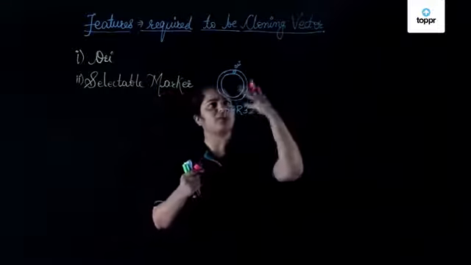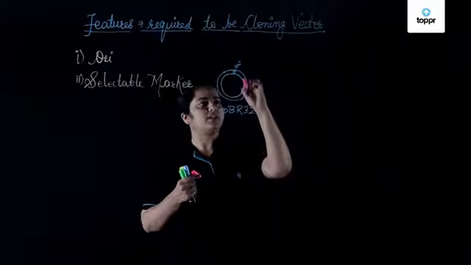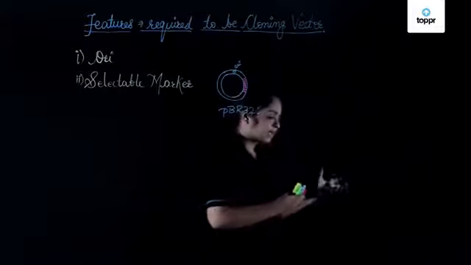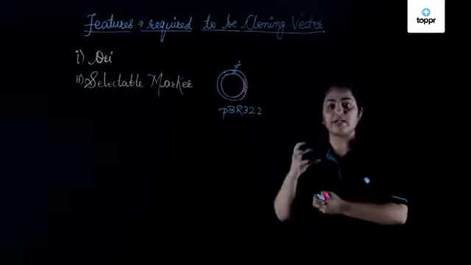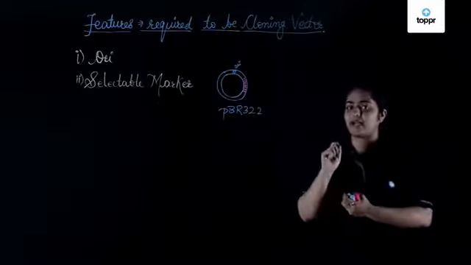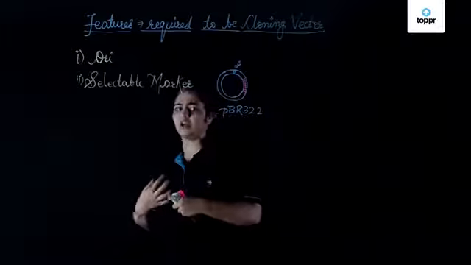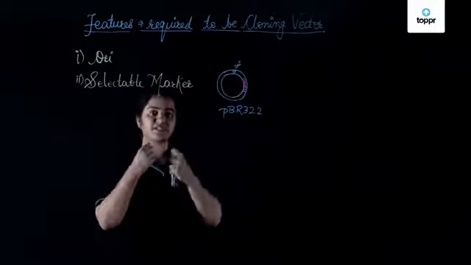What kind of markers do you think they will be? Since this is a plasmid in E. coli, there will be certain regions of genes which give unique property to the bacterium which is not exhibited by other bacterium. For example, in E. coli, you have the two drugs ampicillin and tetracycline resistance capacity.